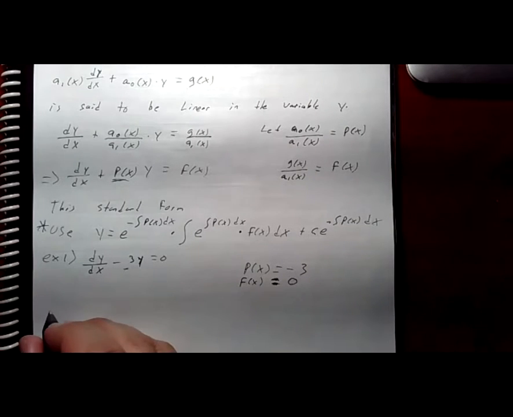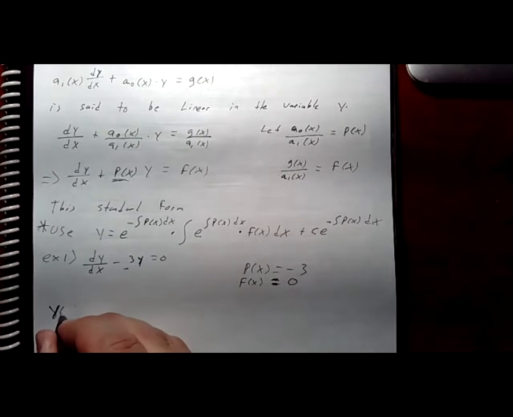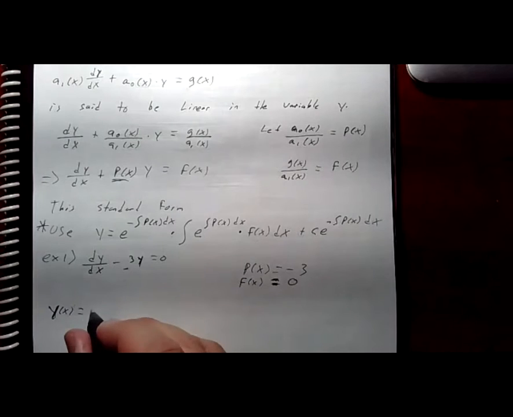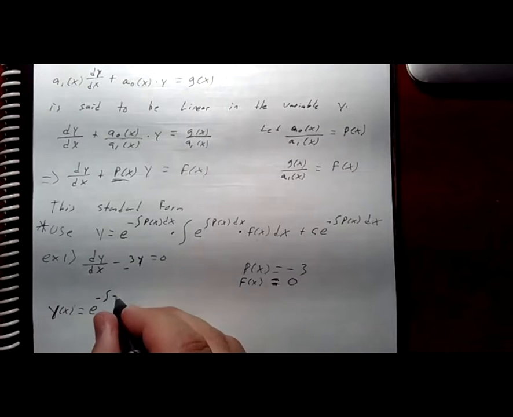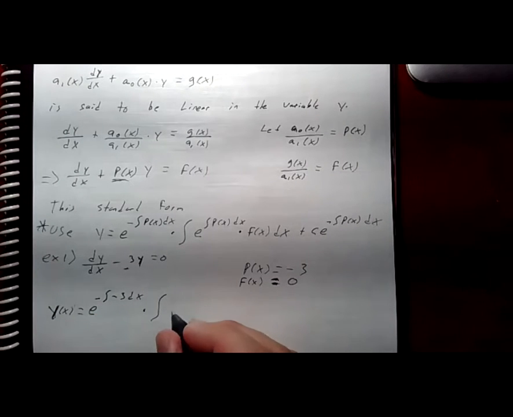So the solution to the differential equation, the y function, or y of x, is equal to e to the negative integral of P, which is negative 3, dx, times the integral of e to the negative 3 integral dx times 0, which is great.